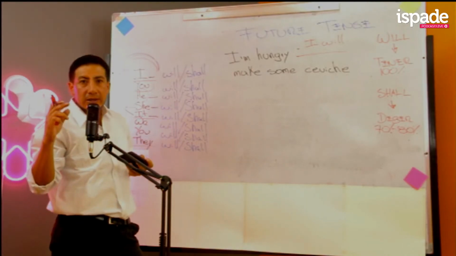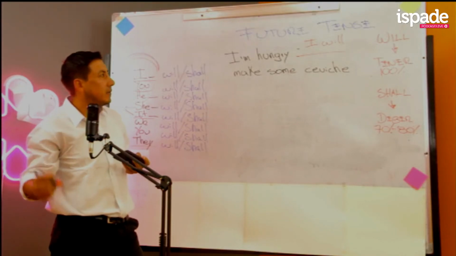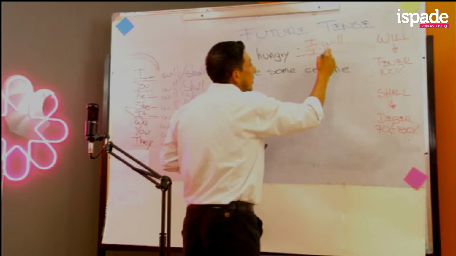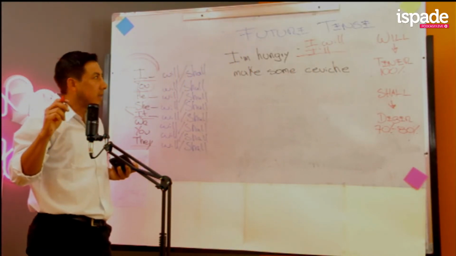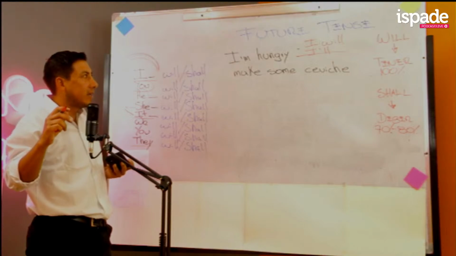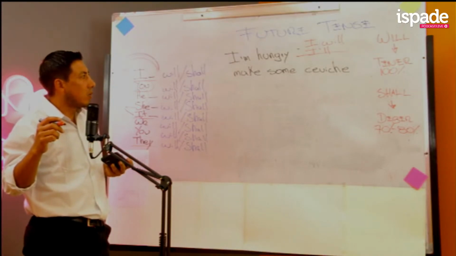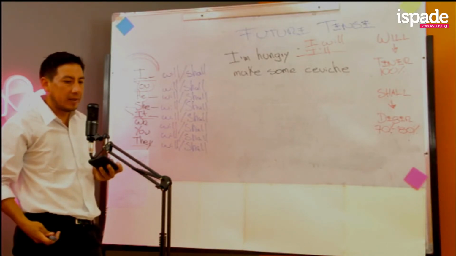Y también puedes hacer una contracción con el will, which means I'll. I plus apostrophe plus double L, which means I'll. I will, I'll. I'm hungry. I'll make some ceviche. Tengo hambre. Yo haré un ceviche.